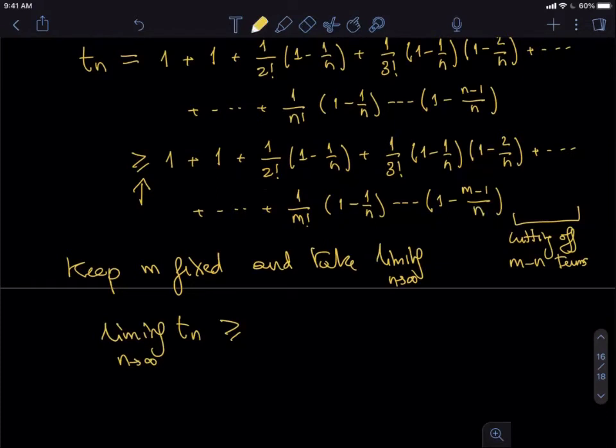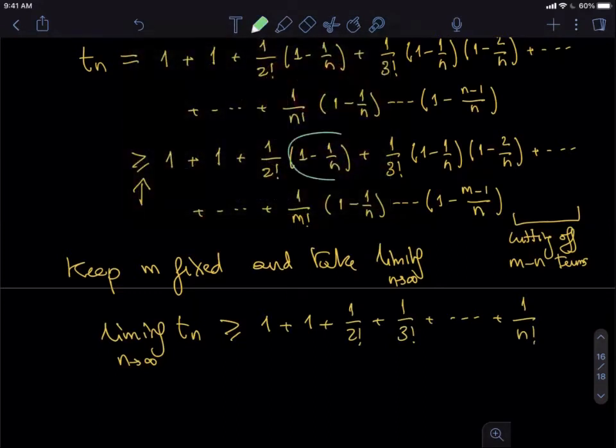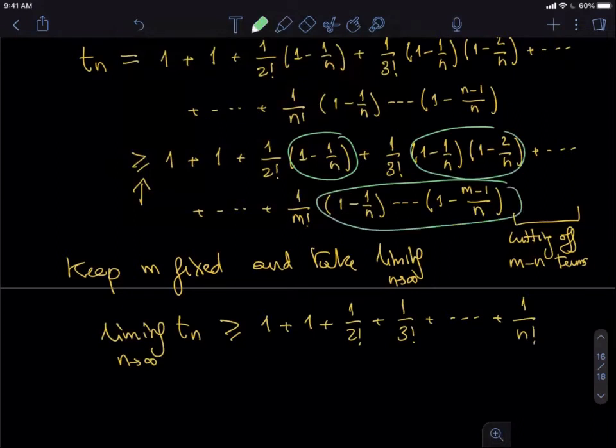So what I'm going to get is 1 plus 1 plus 1 over 2 factorial plus 1 over 3 factorial all the way to 1 over m factorial. This is because all these terms that I'm highlighting go to 0 as n tends to infinity.